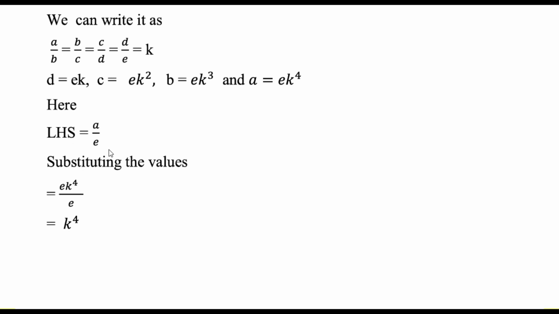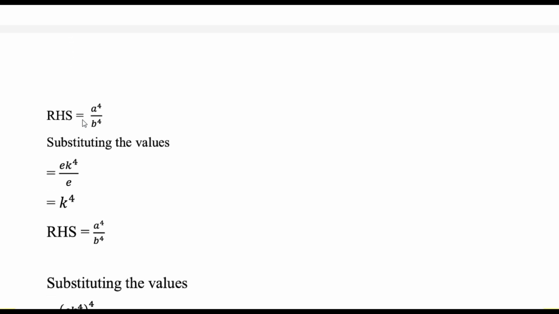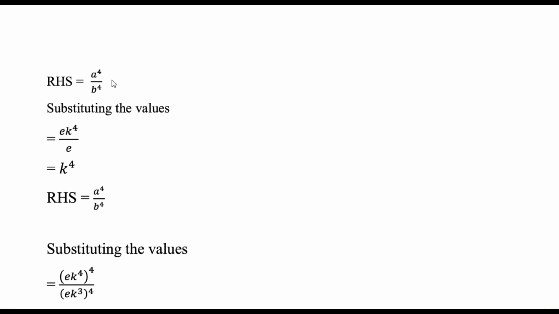Left hand side, a by e. Substituting the values, a is equal to e k to the power 4, divided by e, so you will get k to the power 4. Now come to the right hand side, a to the power 4 divided by b to the power 4.